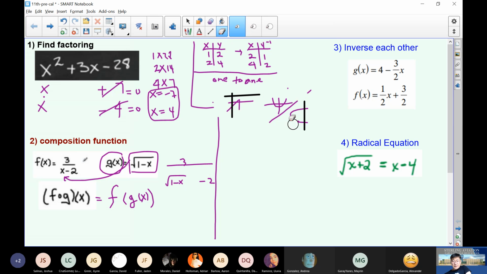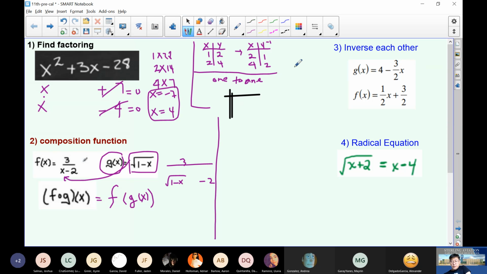I'm going to use this area. So watch this, guys. I'm going to change this one to follow the steps. Step 1, y equals 4 minus 3 over 2x. Step 2, switch x and y. That's why the values change, right? Step 3, solve for y.